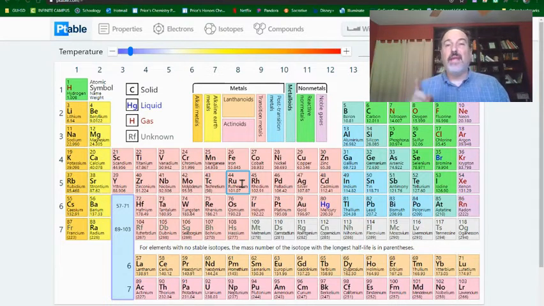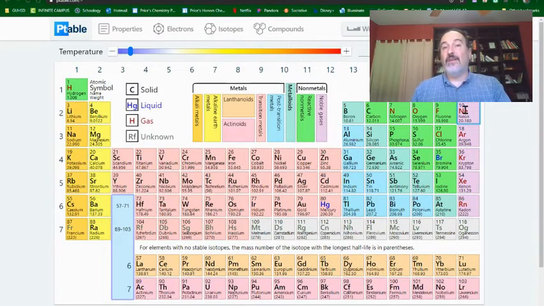We're going to focus on the main group elements because that's where the trends are best understood. If you look at just the tall columns and count which tall column it is from the left, 1, 2, 13 would be 3, 4, 5, 6, 7, 8.